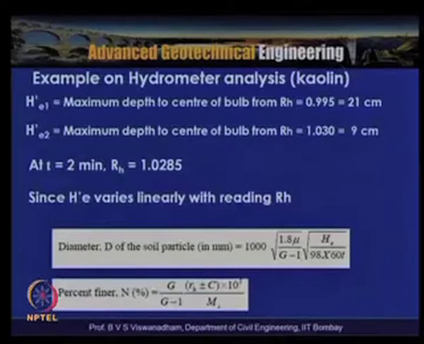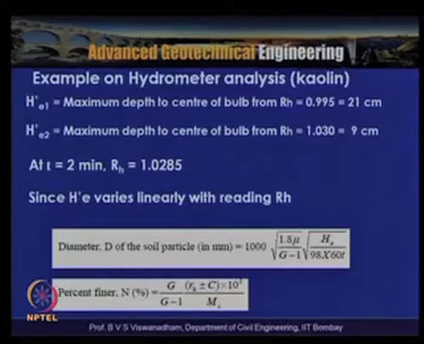HE2, that is closer to the center of the bulb, maximum depth to the center of the bulb for RH reading 1.030 is 9 centimeter. Let us say at time t is equal to 2 minutes after placing the suspension, the reading which is actually taken in the hydrometer is say 28.5, which indicates that RH is equal to 1.0285.